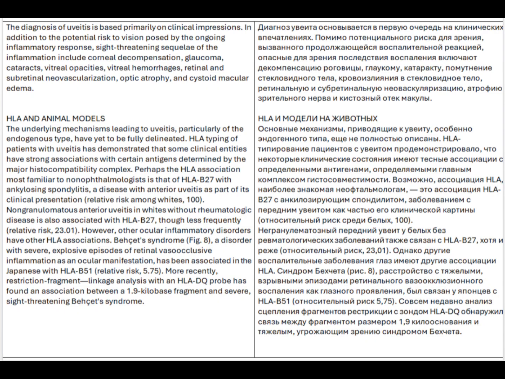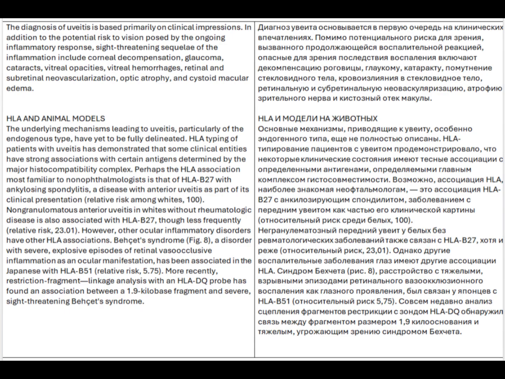Non-granulomatous anterior uveitis in whites without rheumatologic disease is also associated with HLA-B27, though less frequently, relative risk, 23.01. However, other ocular inflammatory disorders have other HLA associations.